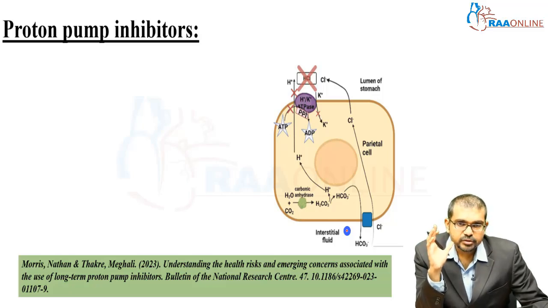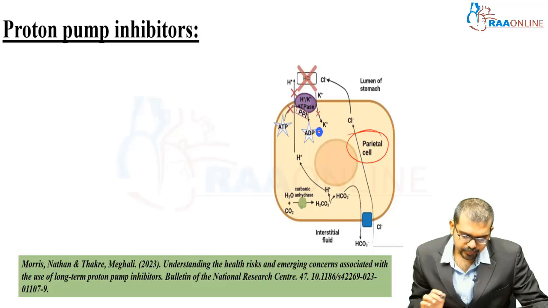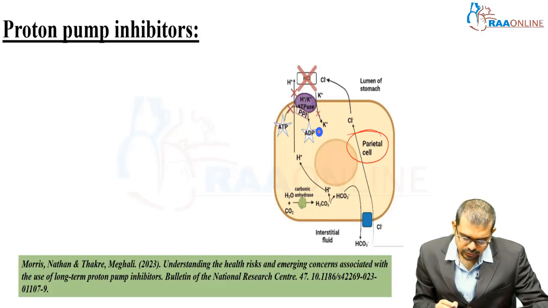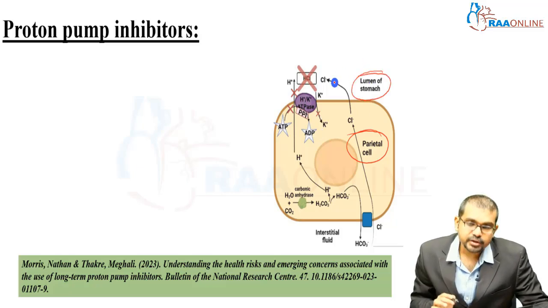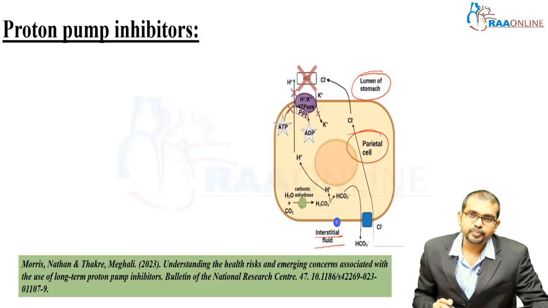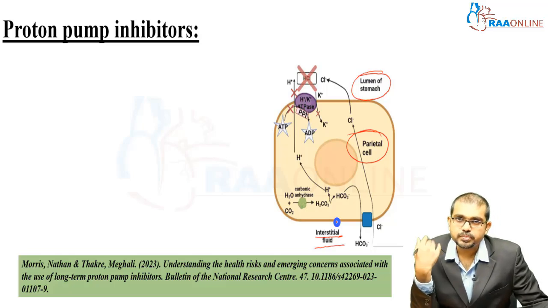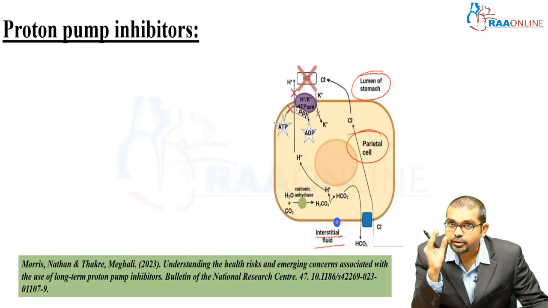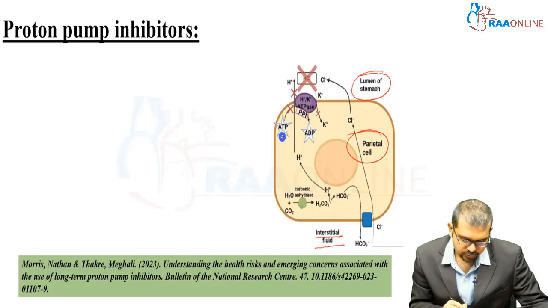The interesting site of action is going to be the parietal cells. As you can see, this is the luminal side of the stomach, and this is the interstitial side. Secretion of H plus ions, the proton, the hydrochloric acid which is the acidic content of the stomach, is an active process, an energy dependent process which requires breakdown of ATP into ADP.